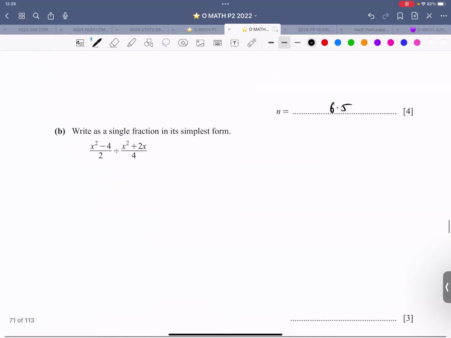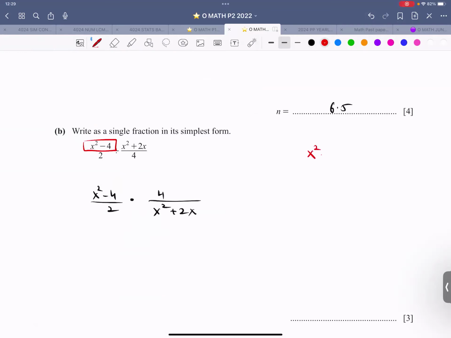Write as a single fraction in its simplest form: x squared minus 4 divided by 2, multiplied by 4 over x squared plus 2x. Actually, let me first write it as it is. Now, if I factorize this, x squared minus 4 is a difference of two squares, that's x plus 2, x minus 2.